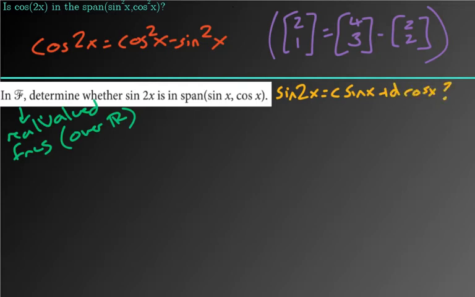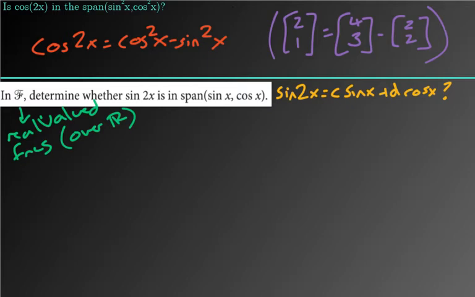Can that happen for some c's and d's? This has to hold for any x's, right? And so the idea here is, let's pick some x's and see what it tells us about c and d.